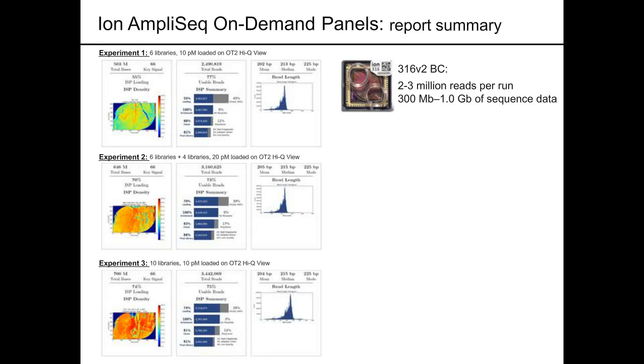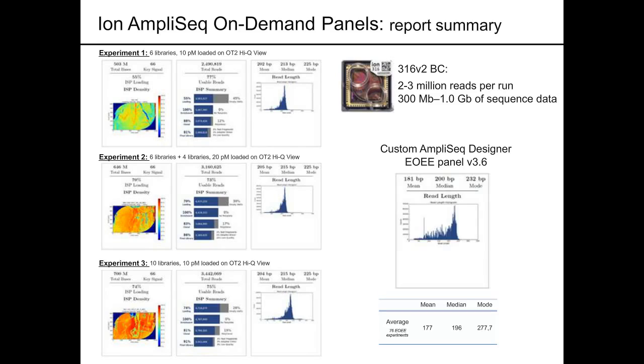I guess the main concept here is that in all the experiments, we had a very good result in terms of polyclonality, a very good result in terms of low quality, a very good result in terms of total reads we obtained, and a very good result in terms of clustering of read length, which was actually better than what we were used to having with our custom AmpliSeq designer and the previous chemistry.